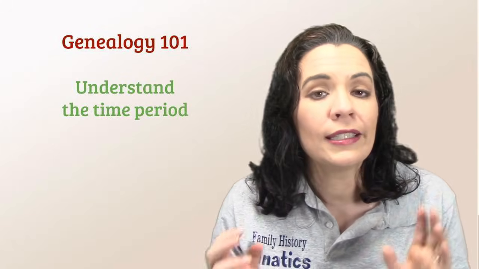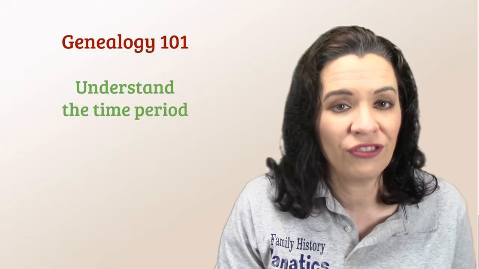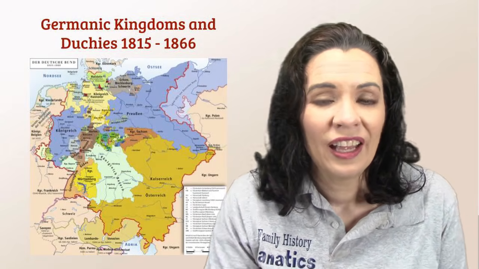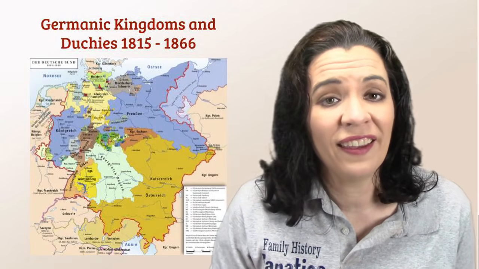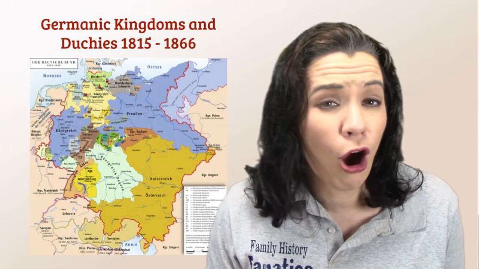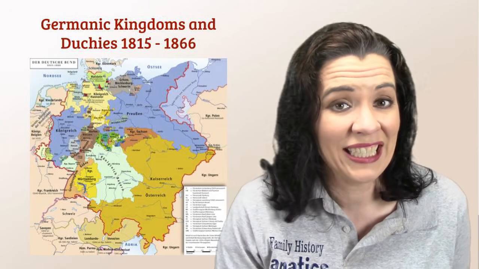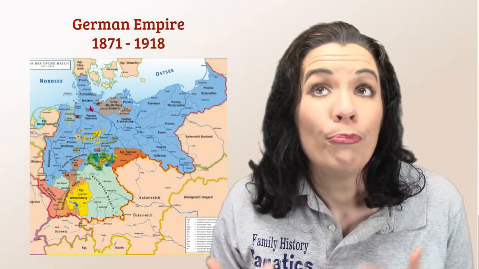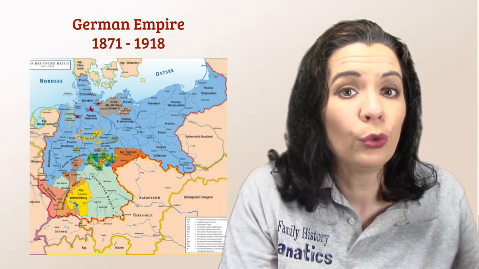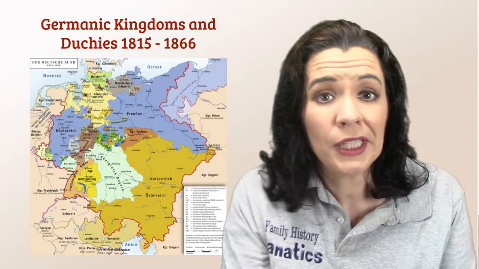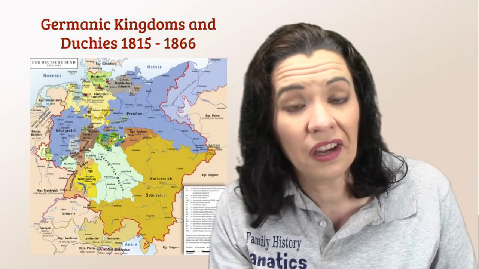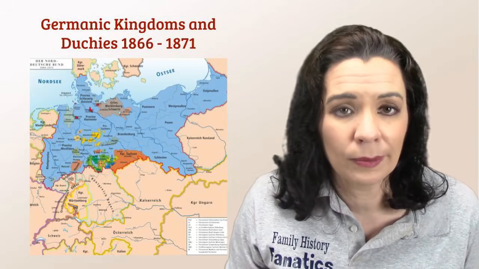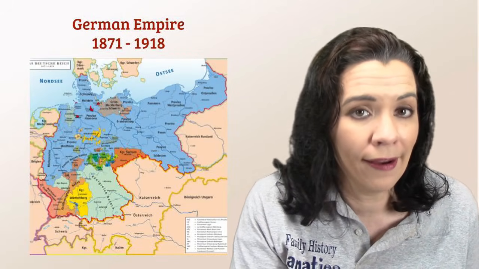The second part of that time factor is that if you're researching in Germany in 1854, you're going to have a hard time doing it because Germany didn't exist as Germany until 1871. Before that, there were a lot of ducal areas, and you need to know which ducal area, otherwise it's going to be next to impossible to research in that German area.